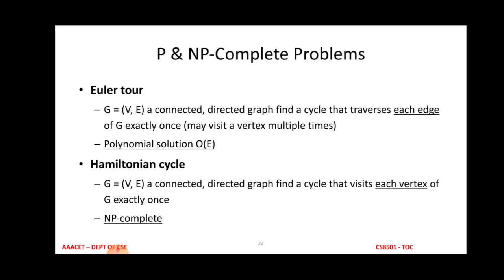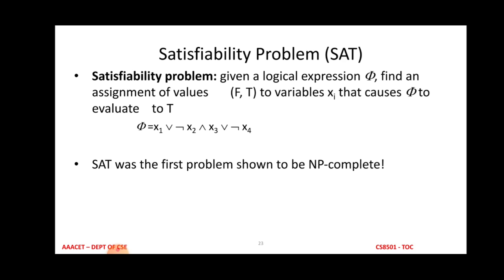Consider the given graph, there are 5 vertices, and you can visit the vertices multiple times, but you traverse each edge only once. So that is the main difference between Hamiltonian and Euler tour. So Euler tour is an example for a P problem, and Hamiltonian is an example for an NP complete problem.